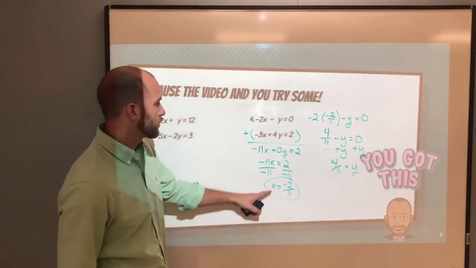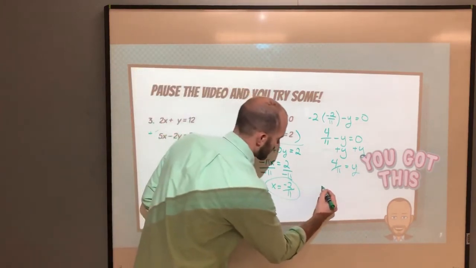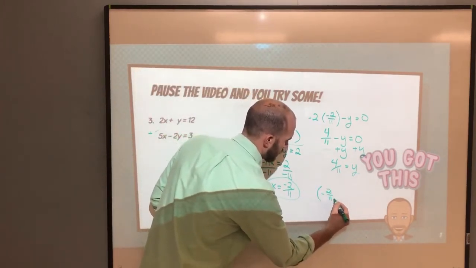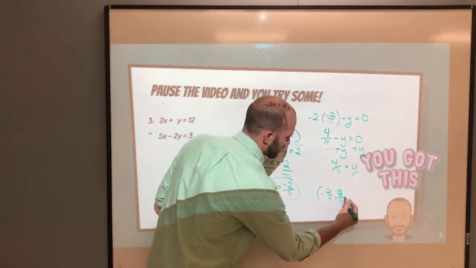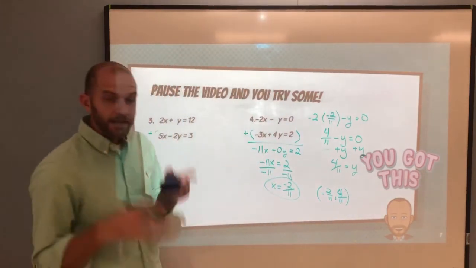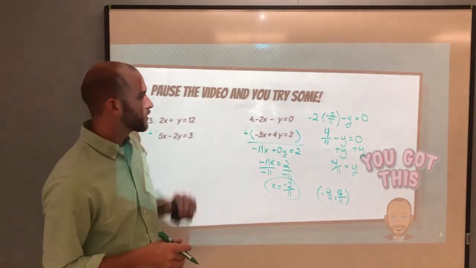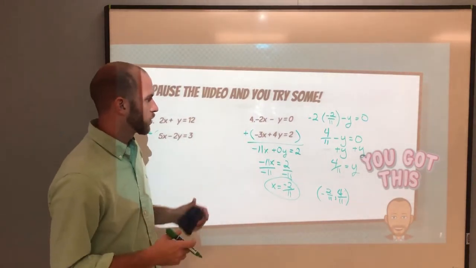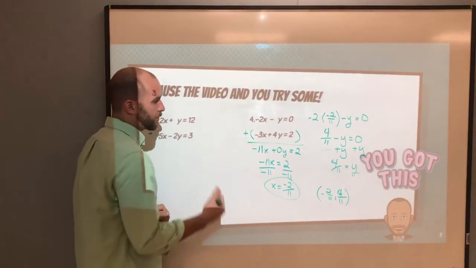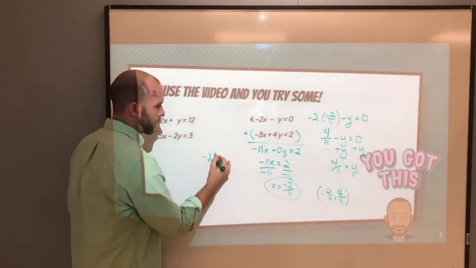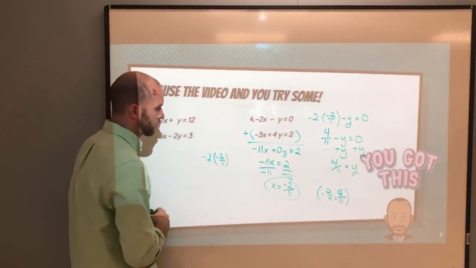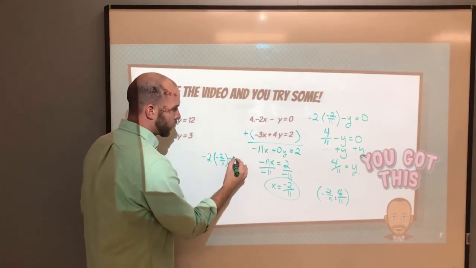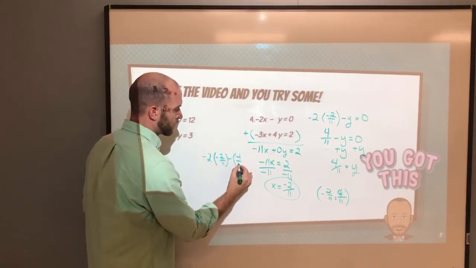So the solutions here would look like this. Negative 2 elevenths and positive 4 elevenths. So if this seems weird to you, let's substitute back in here to check our work. Okay? Let's substitute in this top equation. Negative 2 times the x value, negative 2 elevenths, minus y, which was 4 elevenths.